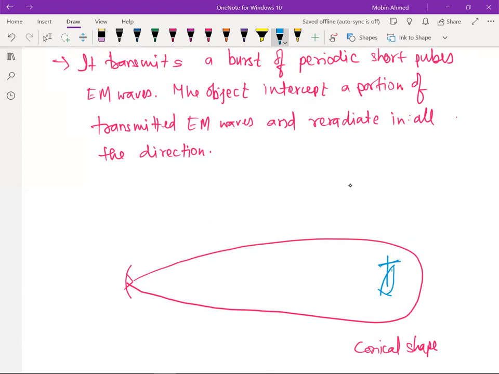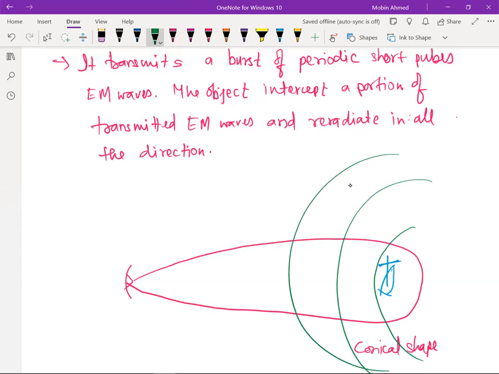Now, the pulse which is going to come is going to strike back. But when it is striking, it is reflected back by this one. Now, it is not going only in this direction, but it is going to go in all the directions, like this.